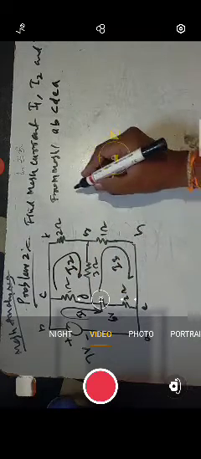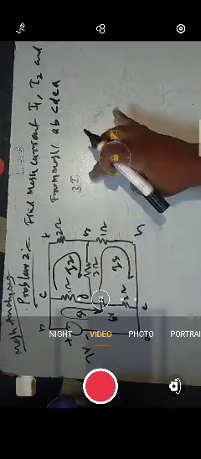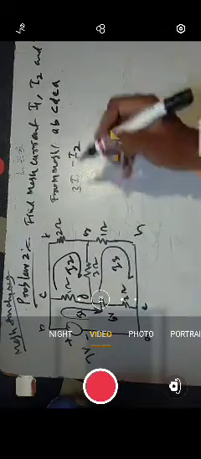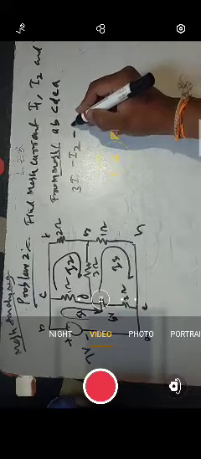I'll write this as (1 plus 2) I1, because it is due to mesh 1, and for mesh 1, I1 will be positive. Now minus I2, because only 1 ohm is here and that belongs to mesh 2. Current other than the mesh I assumed will be negative. And next, minus 2 I3.